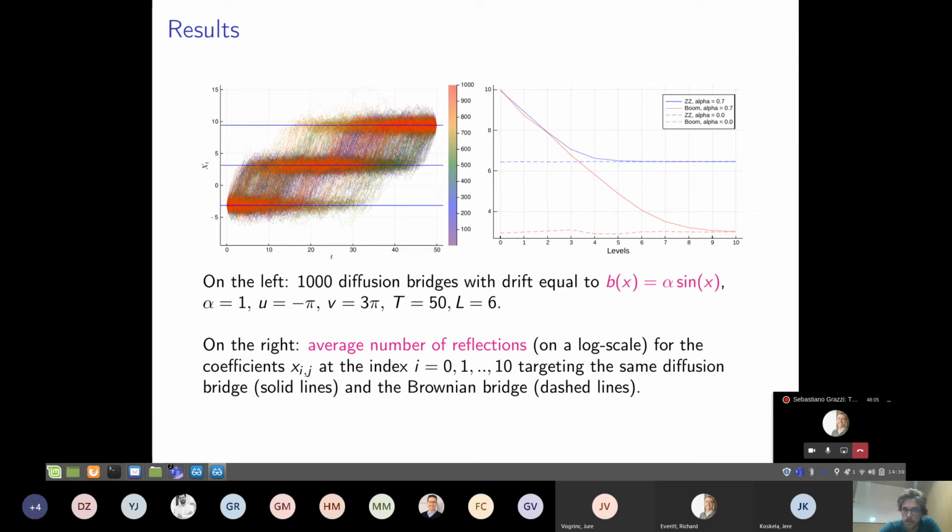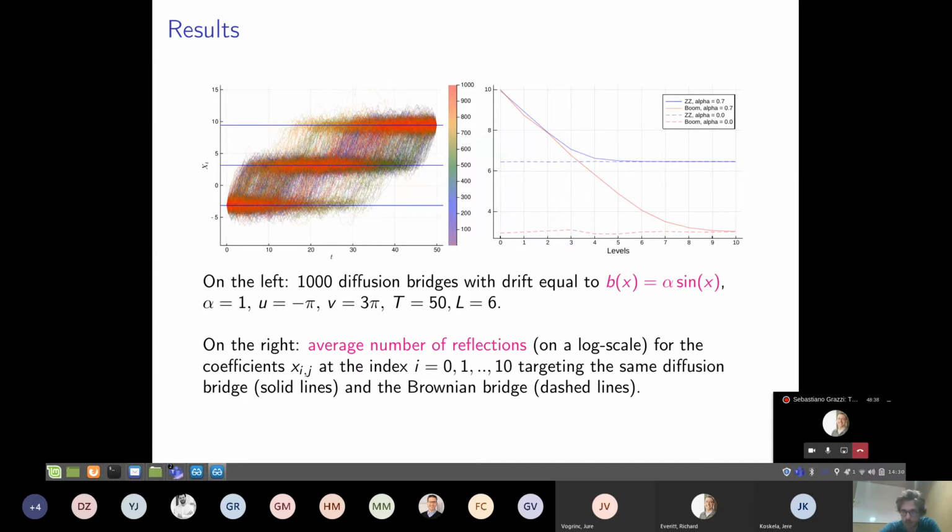With the dashed line, we take alpha to be 0. So basically, we are simulating Brownian bridges, and the Zig-Zag, of course, in order to target the Gaussian reference measure, has to reflect many times. You see the horizontal blue line, which corresponds to the Zig-Zag, while the Boomerang sampler simulates from the reference measure at almost no cost.